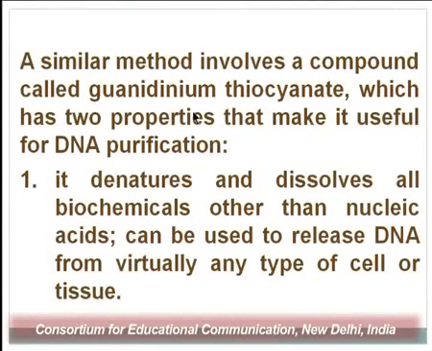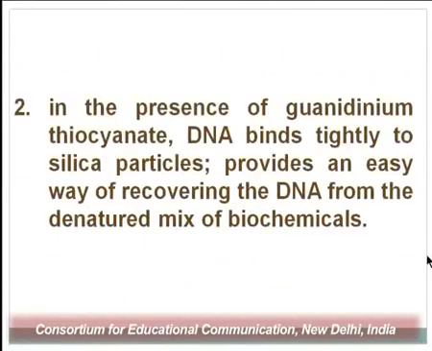So not only does it separate because of the binding affinity to the resin, using silica particles, but it also denatures and dissolves all other biomolecules, so the DNA can be easily isolated. Another property is that in the presence of guanidinium thiocyanate, the DNA binds very tightly to the silica particles, and it provides an easy way of recovering the DNA from the denatured mix of biochemicals.